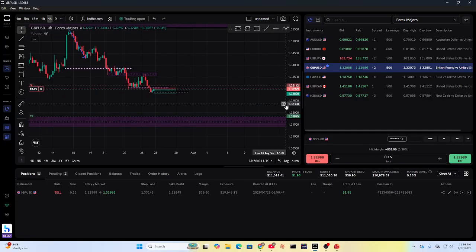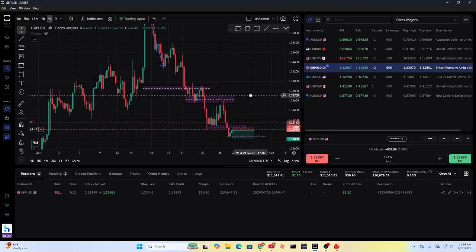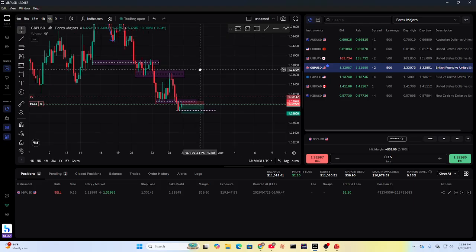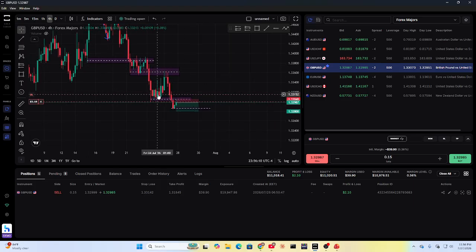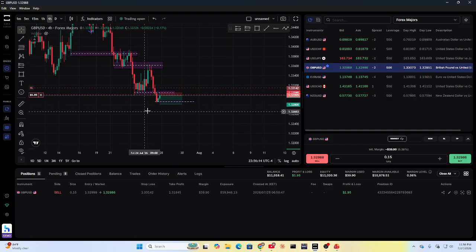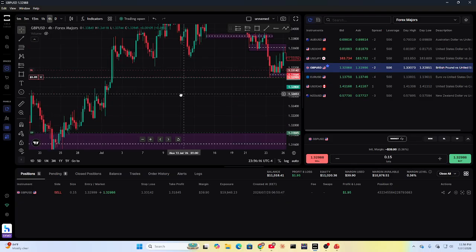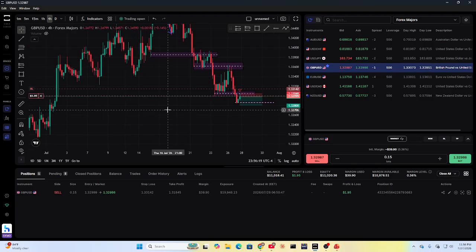Now for the 4 hour, like I said, you're looking for key zones, key resistance zones. I know this is a resistance zone. This here is another zone. Really, for the 4 hour, you might not even have no resistance zones, to be quite honest, unless you can count this one right here.